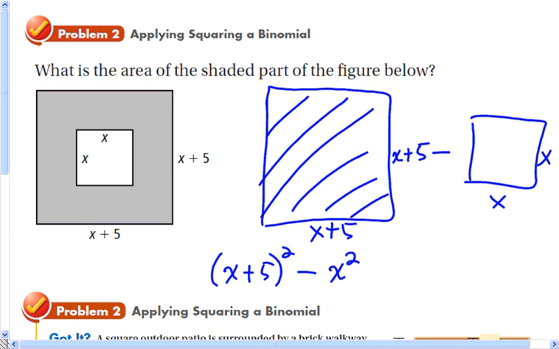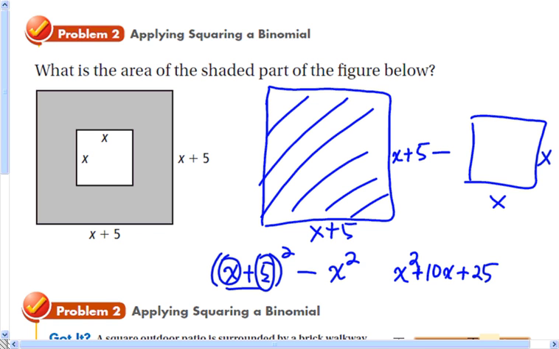So let's use our shortcut now. If we multiply this binomial, we get x squared for the first term. The last term of the trinomial is 5 squared, which is 25. And then the middle term is x times 5, which is 5x, doubled makes 10x.